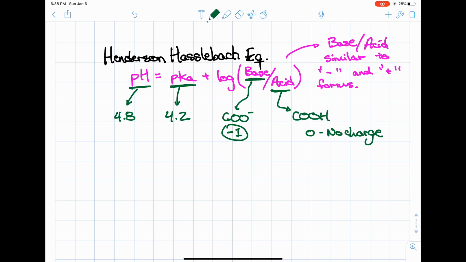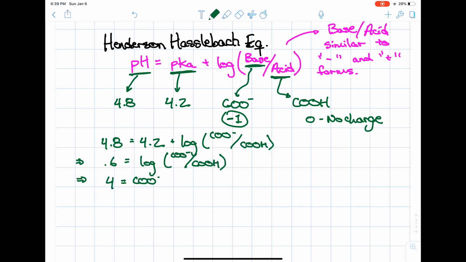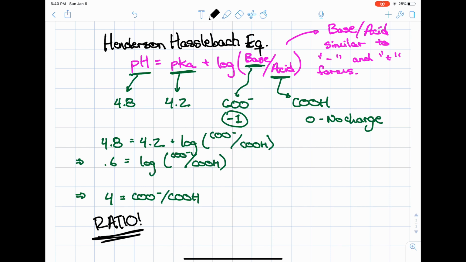At this point, we would just work out the math. Now we get to the 4 equals COO- over COOH.